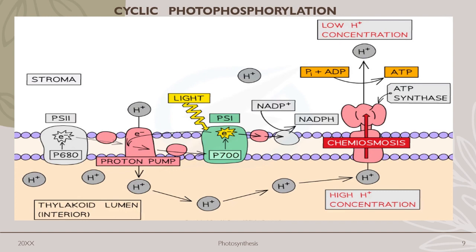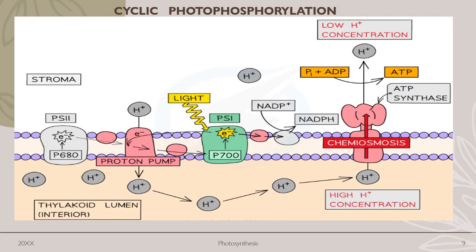So now what is happening in cyclic photophosphorylation? Here you can see in photosystem 1, light falls. When light falls, the electrons present inside photosystem 1 get excited. The primary pigments absorb light, and the electrons gain energy and become excited.